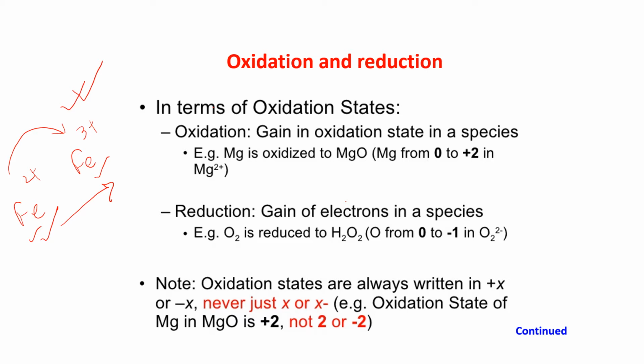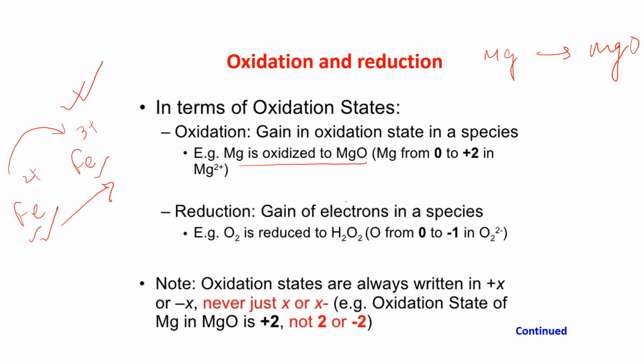Magnesium is oxidized to MgO in this reaction. Now, if I want to write it in the oxidation number, in the following slides you will come to know how to calculate the oxidation number of a particular element.